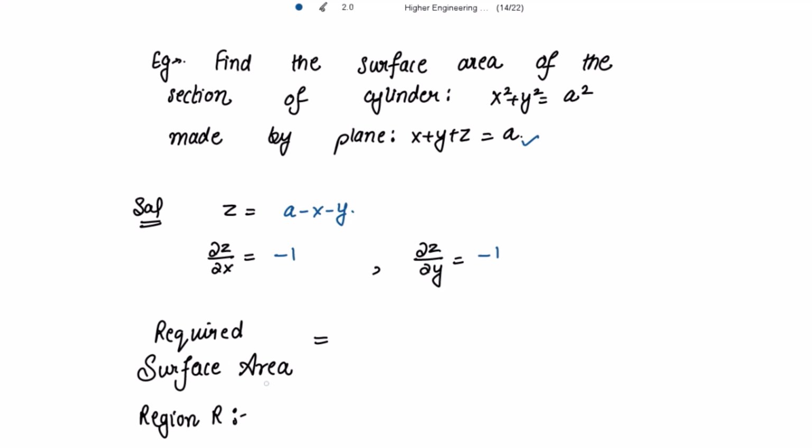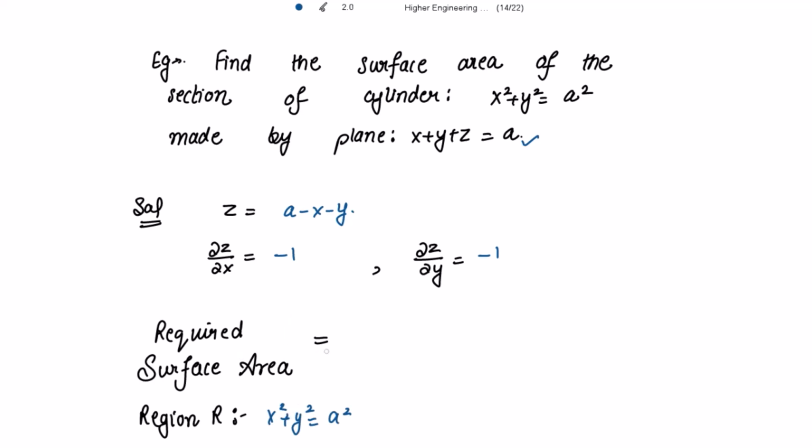And for the required surface area, what is the region given to us? That is x square plus y square equal to a square.